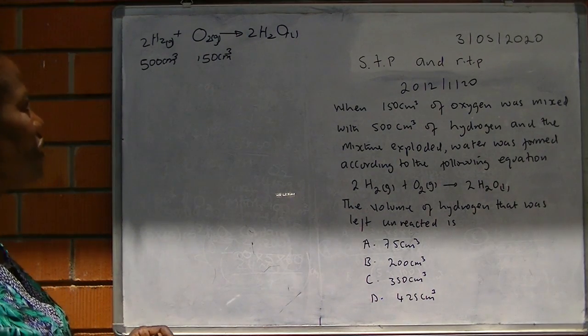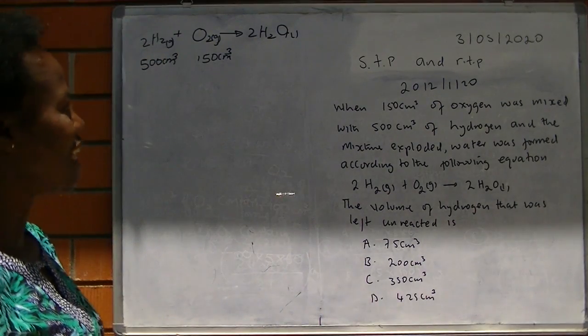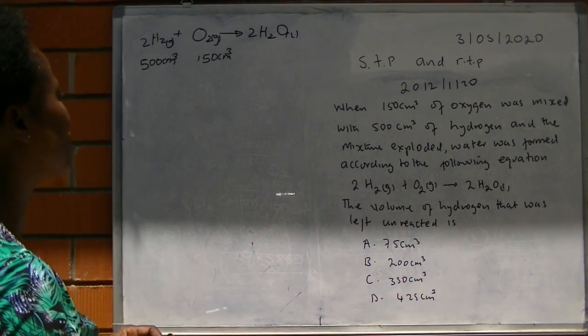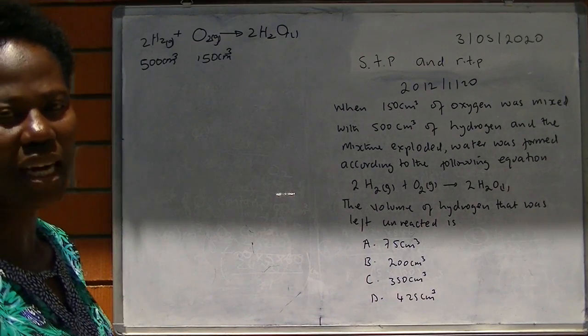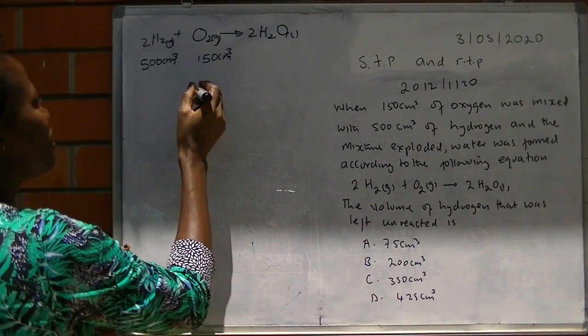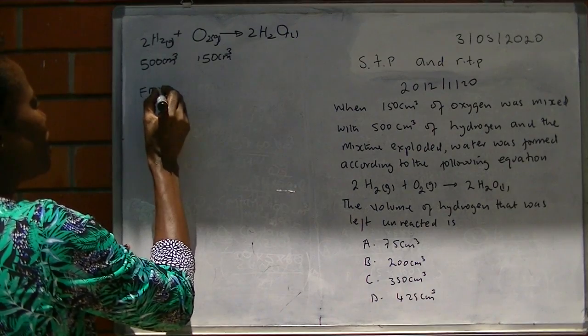So for such questions, you have to get the volume of hydrogen that reacted with 150 cubic centimeters of oxygen, after which we subtract to get the one which did not react. Let us calculate together from the equation.